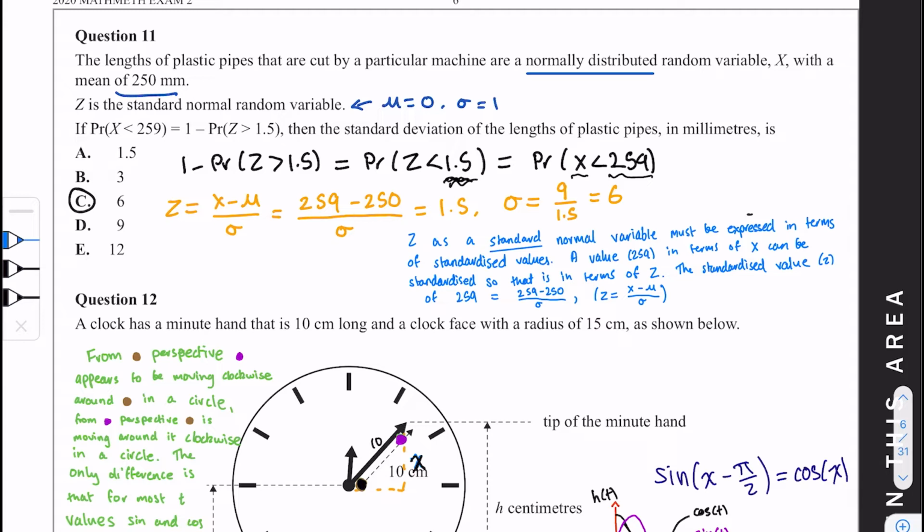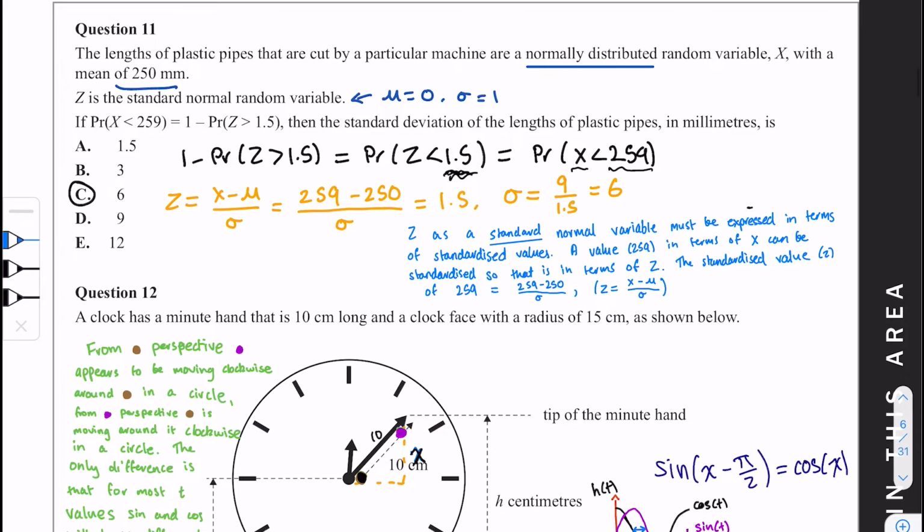So that's basically saying, since they're equal, for this distribution, let's say this is z equals 1.5, x equals 259.